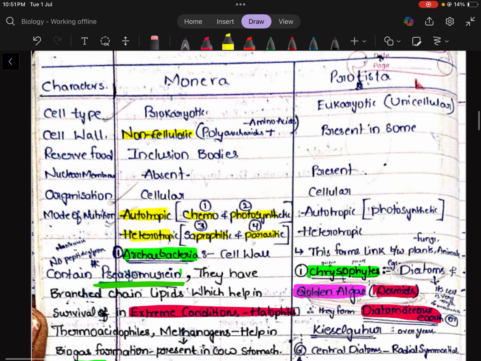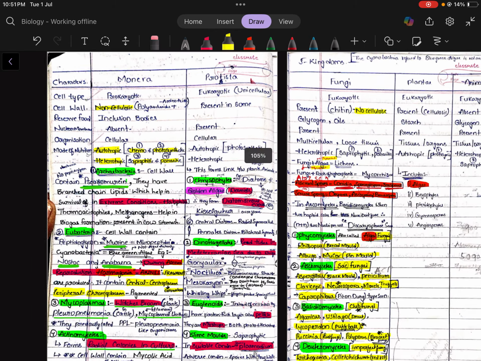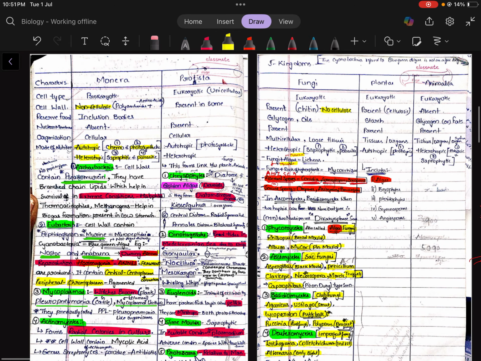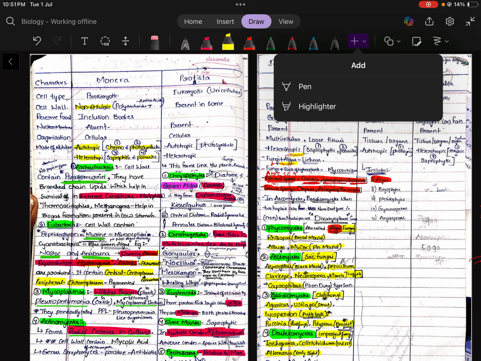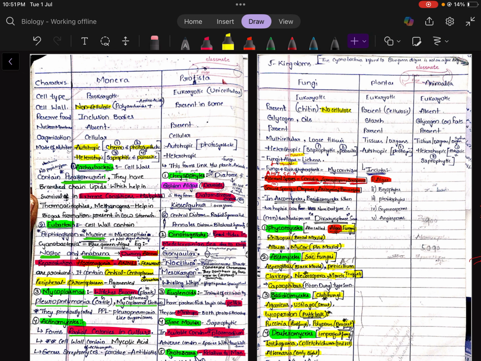So Monera cell type is prokaryotic. Protista is eukaryotic. Unicellular eukaryotes come under Protista. Fungi is also eukaryotic. And Plantae is also eukaryotic, and Animalia. You should read like this.